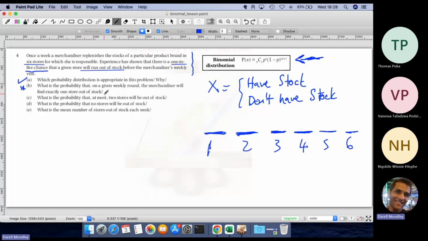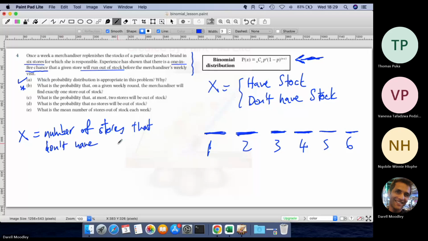In this case, what your X actually represents is the number of stores that run out of stock, that don't have stock. X is the number of stores that don't have stock.